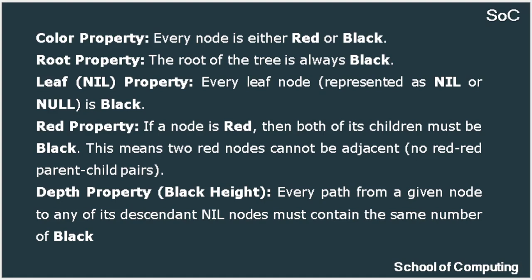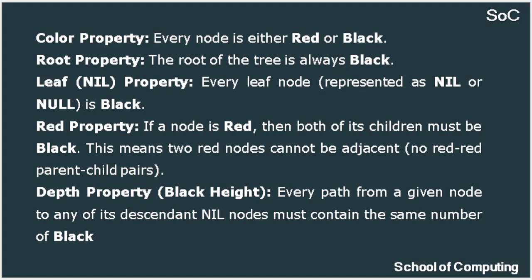So we need to make sure that two consecutive red nodes are not there. If two consecutive red nodes are found, then we have to alter the tree, we have to perform certain operations. When a red violation occurs, what needs to be done, we will understand during the construction process.